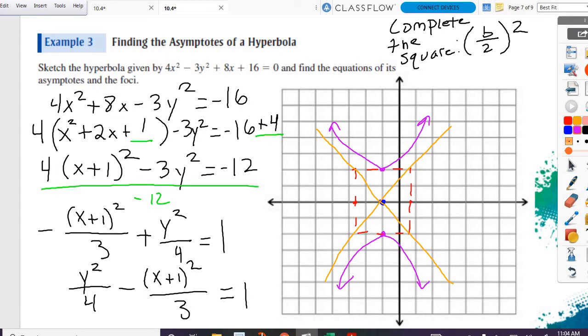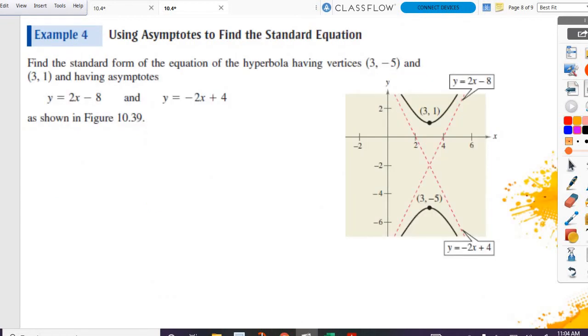Alright, we have one last example. This time they give us a graph and we need to find the equation. So first, we need to decide which equation I am going to use, which means which variable comes first.